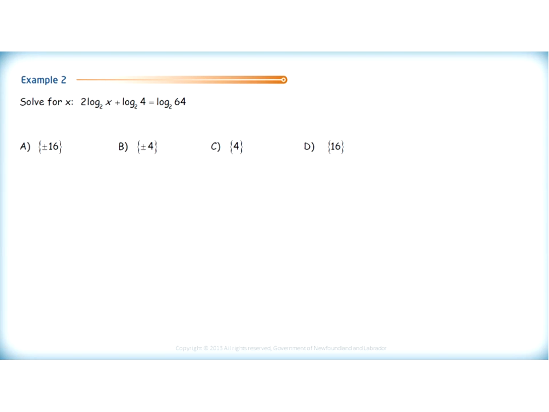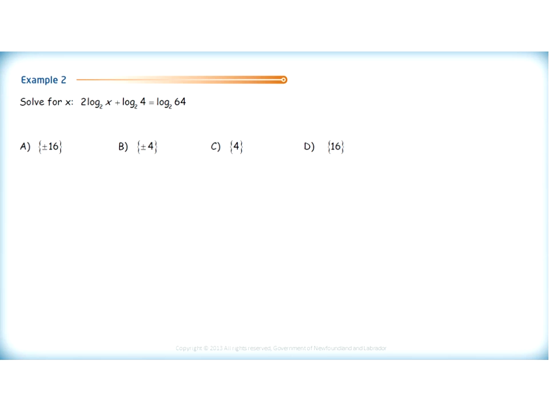In example 2, we are asked to solve for x. We have 2 times the log of x to base 2 plus the log of 4 to base 2 is equal to the log of 64 to base 2. There are several ways to attempt this question. One thing I would like you to notice is that when the power can be rewritten with the same base as the log, we can use that property for logs again.